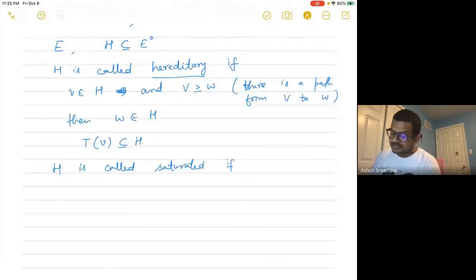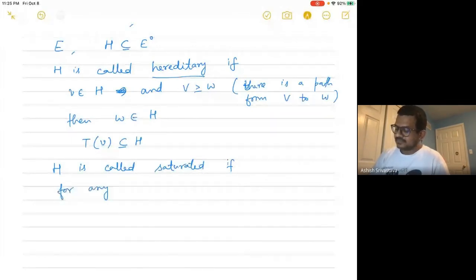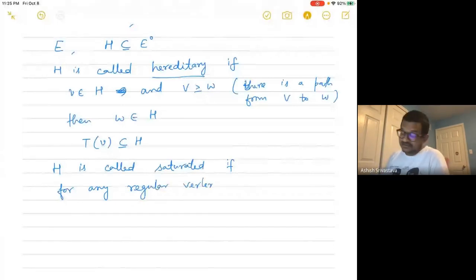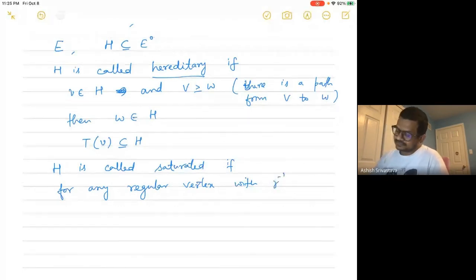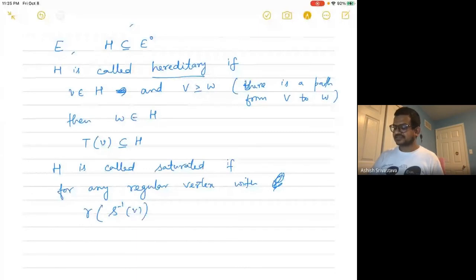If any regular vertex... so again, regular means it is not a sink, it is not an infinite emitter. If we have that the range of S inverse of V is in H, that implies V is in H. What does that mean?